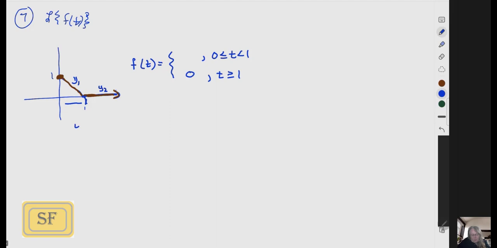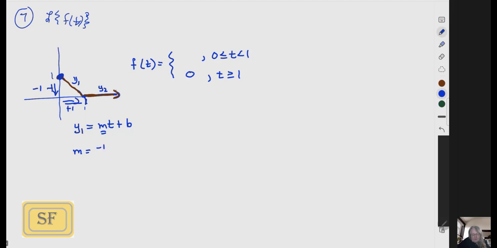So y1 is a straight line, and so it obeys mx plus b. In this case, our variable is t, not x. But m is our slope. Notice from this point at 0, 1, we're going down 1, that's a minus 1, and we're going to the right 1.